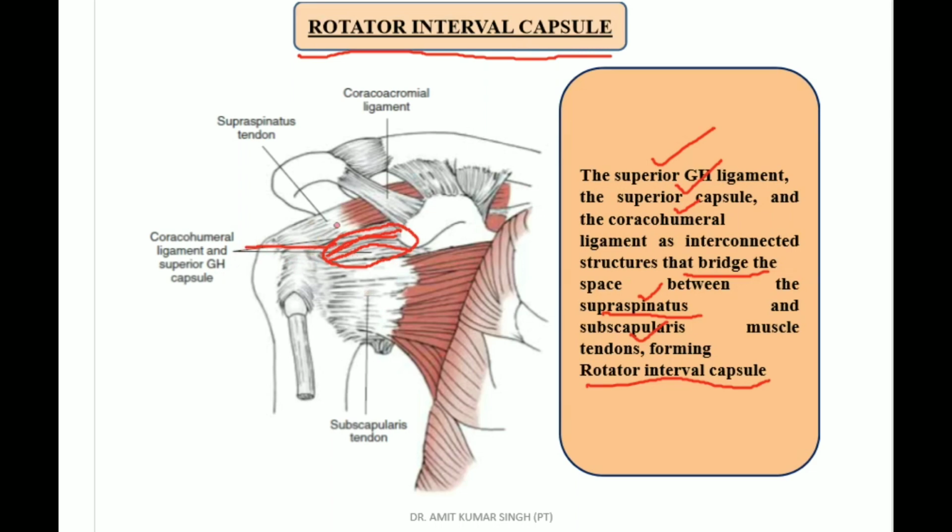Which muscles? This whole area is the supraspinatus muscle, and down is our subscapularis. So they bridge the area between the subscapularis and supraspinatus, termed the rotator interval capsule.